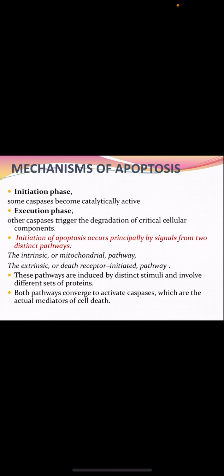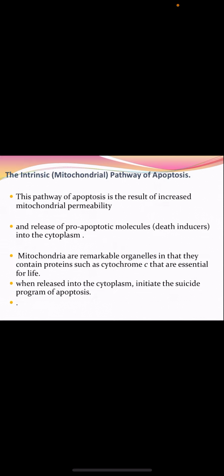Initiation of apoptosis occurs principally by signals from two distinct pathways: the intrinsic, also known as the mitochondrial pathway, and the extrinsic, or death receptor initiated pathway. These pathways are induced by distinct stimuli and involve different sets of proteins. Both pathways converge to activate caspases, which are the actual mediators of cell death.